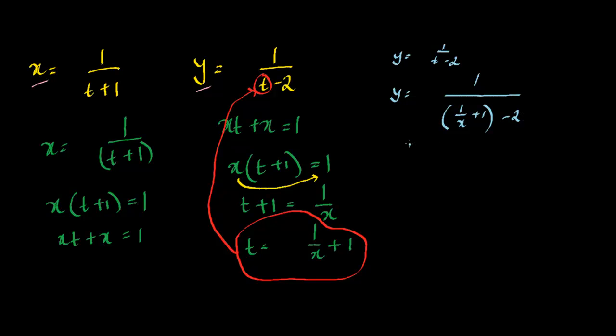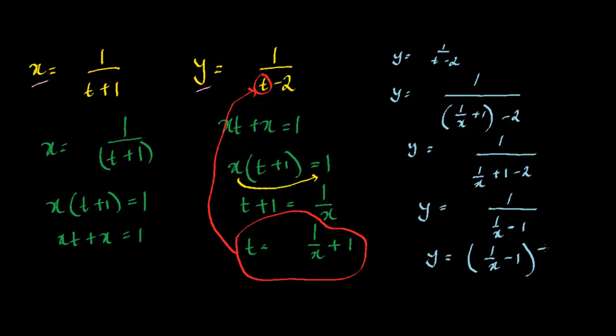Alright? y therefore is equal to 1 over x plus 1 minus 2. y is equal to 1 over x minus 1. Alright? So, yeah, you could just finish it off as y is equal to 1 over x minus 1 to the power of negative 1.